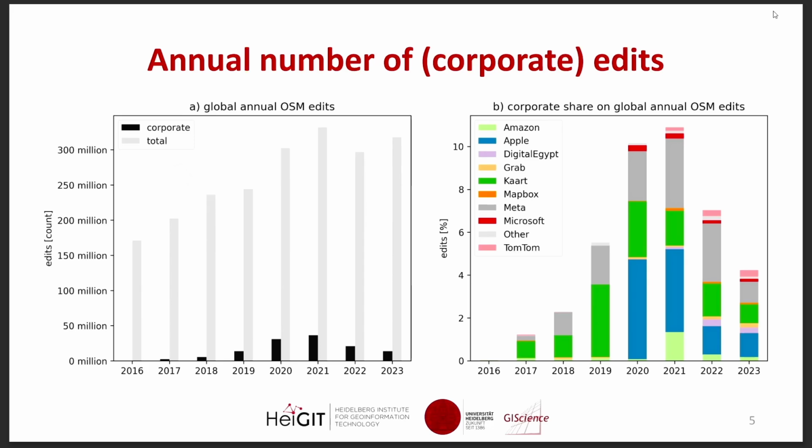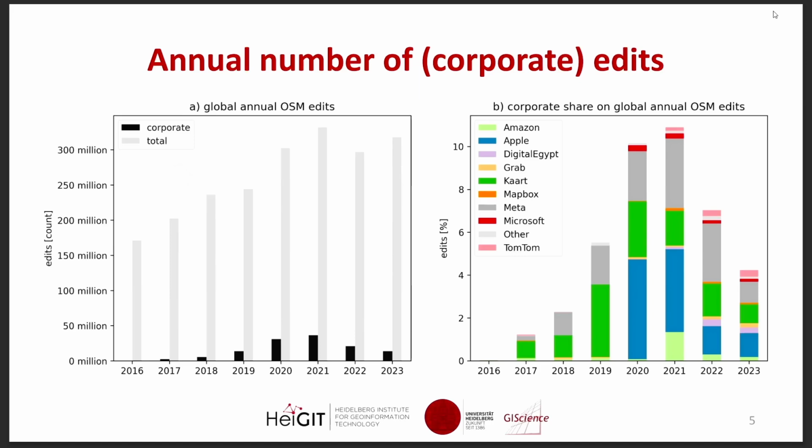We had anticipated that this would steadily grow, and maybe make up an even bigger portion of mapping in OSM, but something seems to have changed since 2021, in particular for the very big companies like Apple and Amazon, I guess, that they map much less in OSM than previously. And that was another finding of her research that we didn't expect, that corporate mapping actually decreased in the last few years. And to be honest, we don't know why.